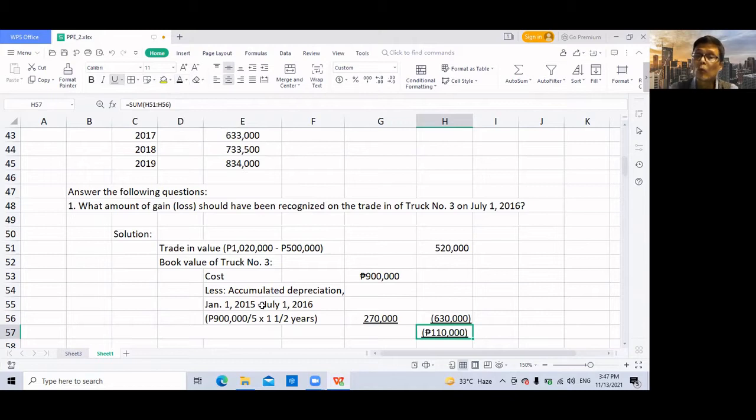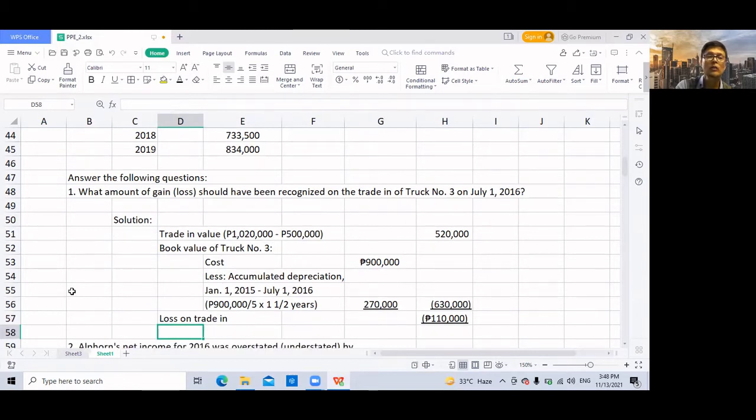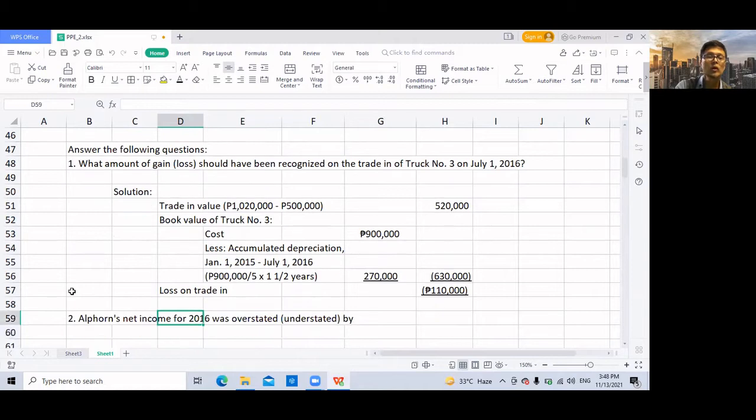So that's about a 110,000 loss on the trade-in. That is the amount of the loss on the trading of truck number 3.